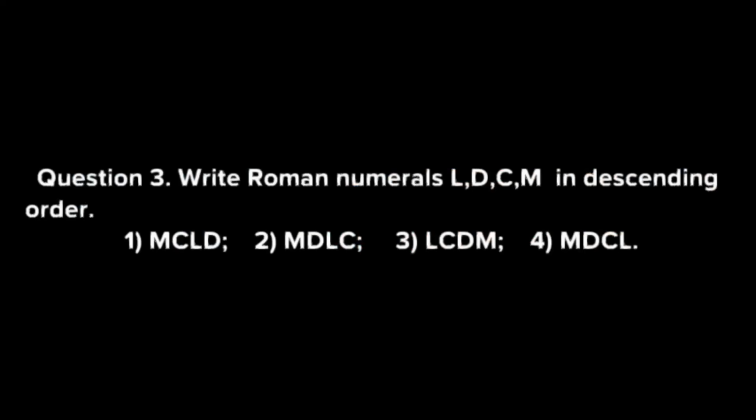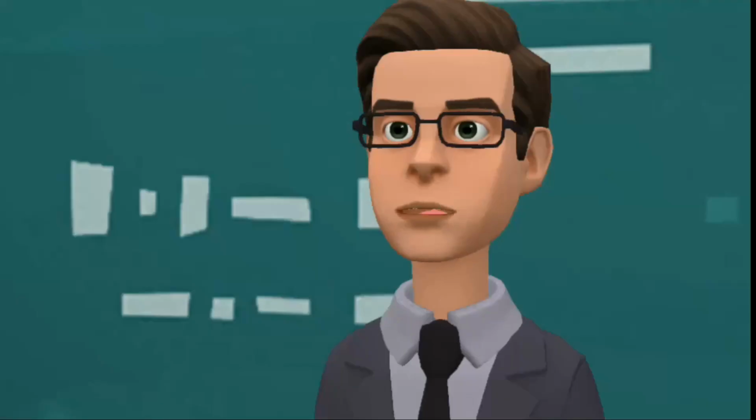Okay, now next question. Question 3. Write Roman numerals L, D, C, M in descending order. 1: MCLD, 2: MDLC, 3: LCDM, 4: MDCL. Time over.